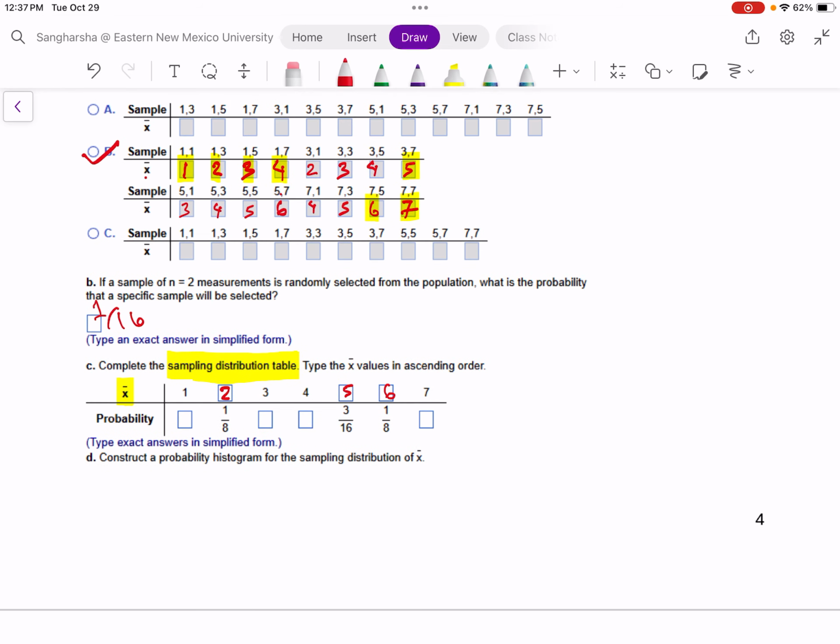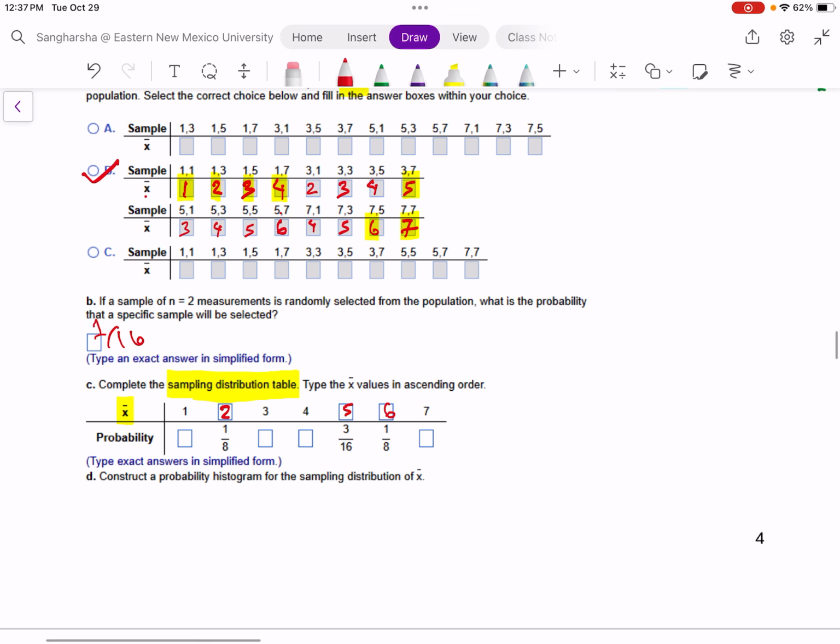Now what is the probability that you have a sample? What is the probability that our x bar takes a value 1? So how many times does x bar take a value 1? One time, right? And the probability is 1 over 16.